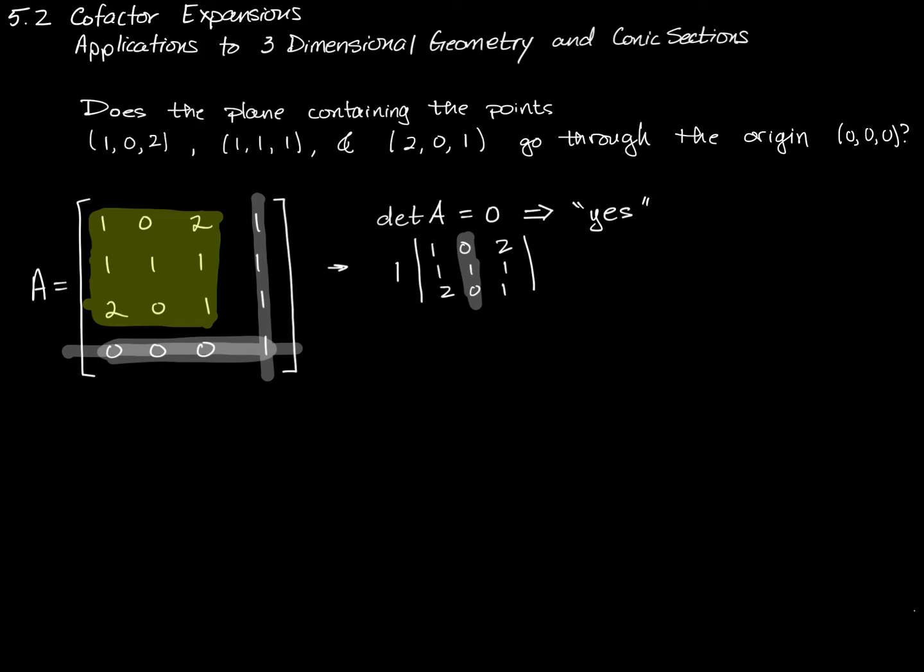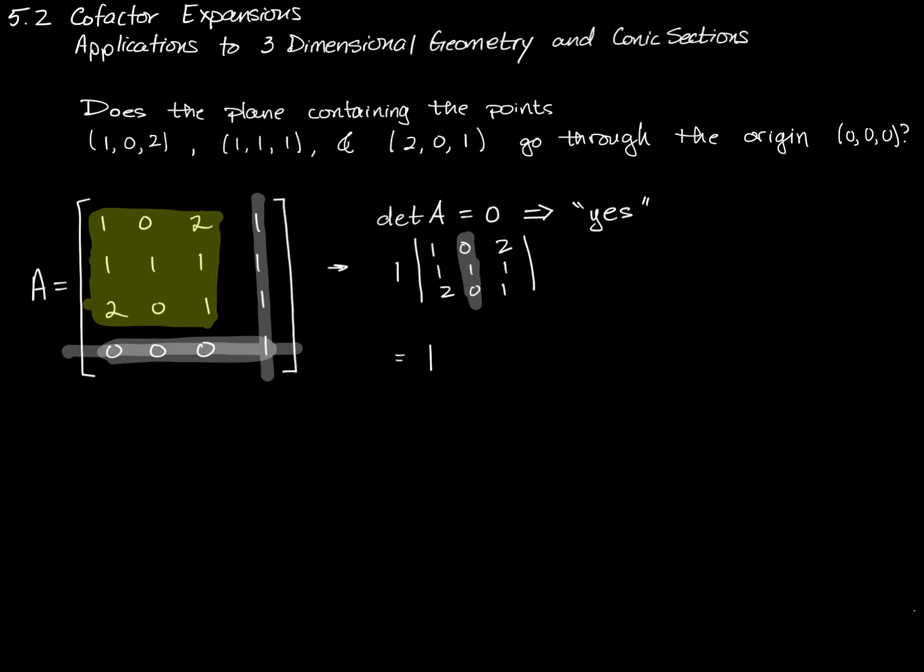process all over again. The determinant of A is equivalent to, because of all these zeros, 1 times the determinant of this submatrix here, and that is equal to 1 times, I won't write the 1 times, 0 times a determinant of a submatrix, plus 1 times the determinant of a submatrix, and we'll come back and figure that one out, plus 0 times the determinant of a submatrix.